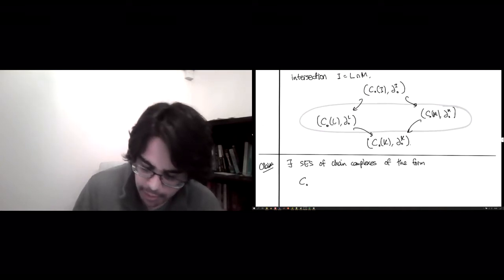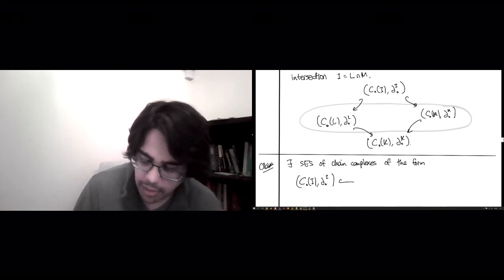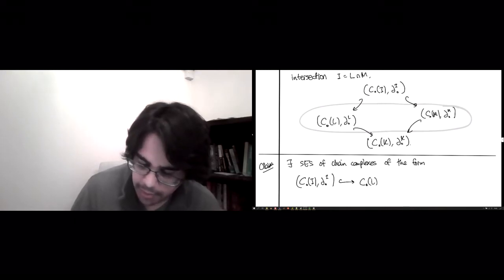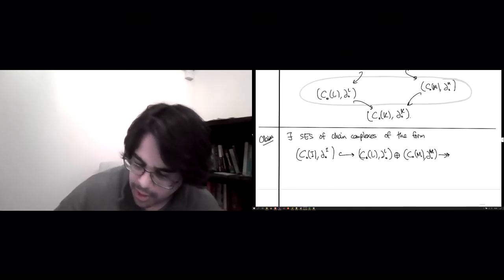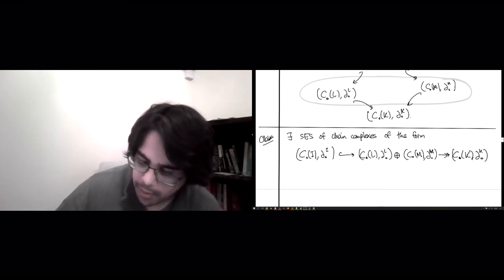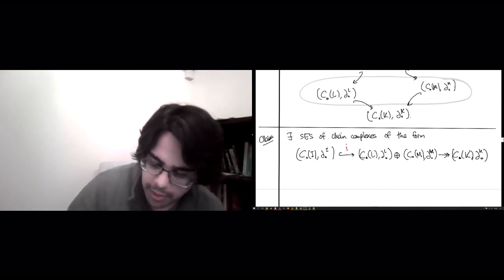you have the I complex at the beginning. It includes into this direct sum of L and M, which somehow surjects into the chain complex for K. And let's call this inclusion map iota as before, and this map pi.